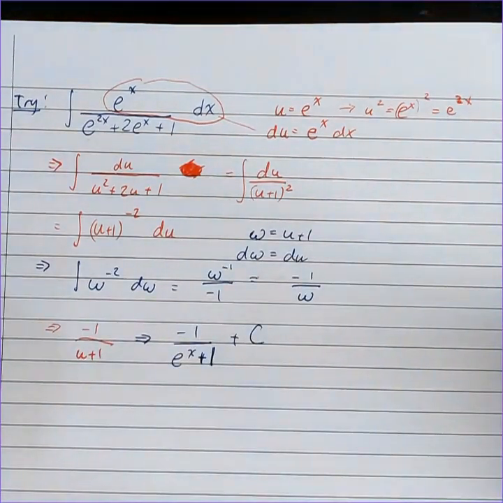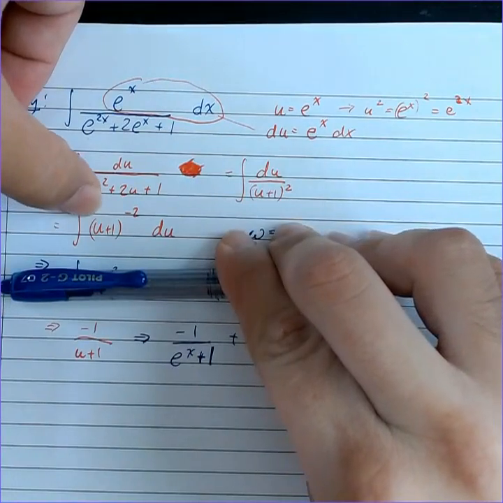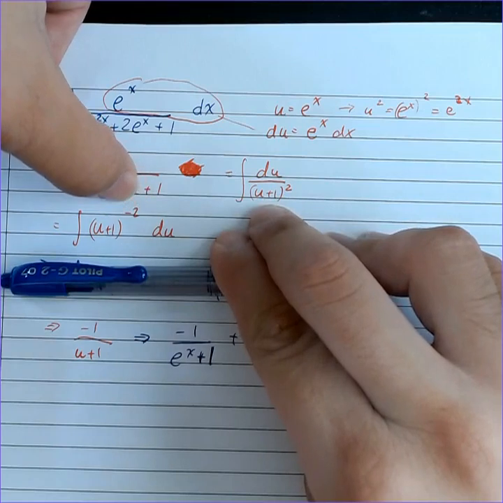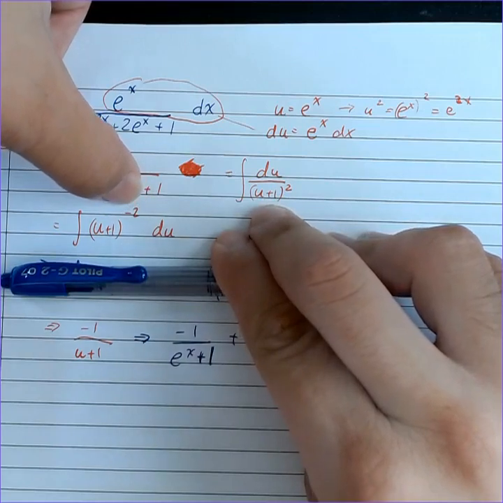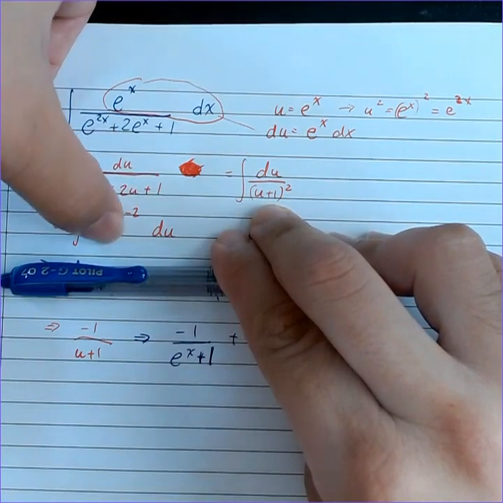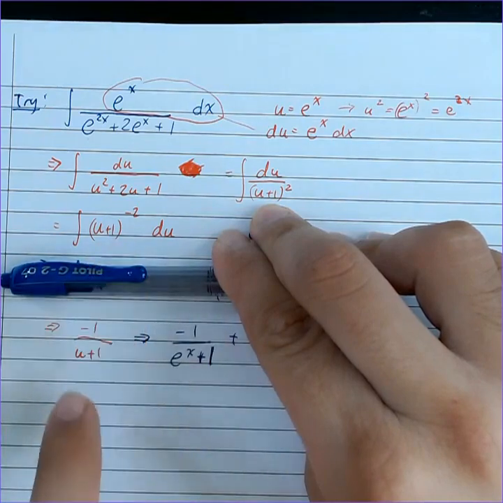Okay, just like that. Note, if you had done this step in your head, you would have skipped this entire part here, and you would have just said, oh, okay, if I'm going to integrate this part using the power rule, I would add 1 to the power and then divide by the new power. So that would give me (u plus 1) to the minus 1 over minus 1. That minus 1 means it's part of the denominator, so I write it as minus 1 over u plus 1.